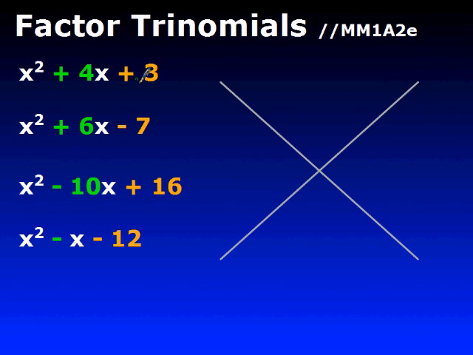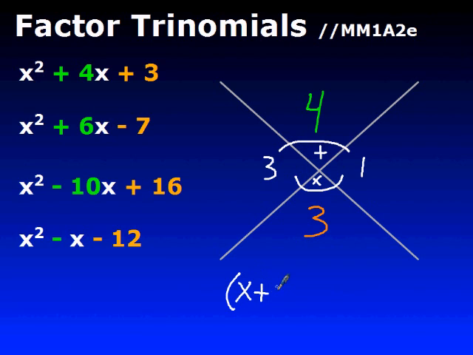Begin by putting the 4 here and the 3 here. I need two numbers that add to be 4 and multiply to be 3. Three factors into a 3 and a 1. Placing a 3 and a 1 here, we see that our answer is x plus 3, x plus 1. These are the factors.